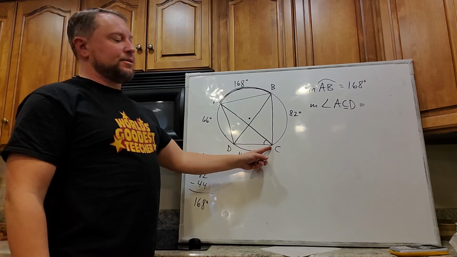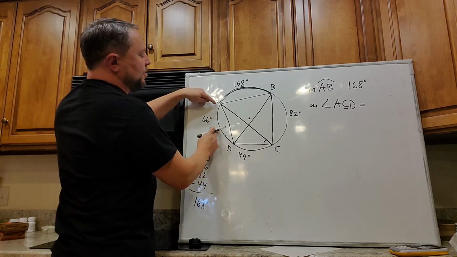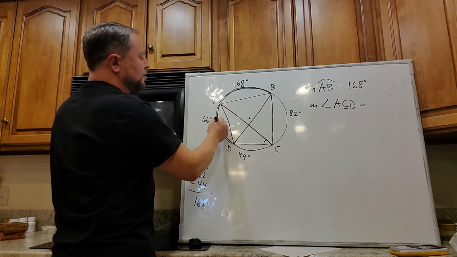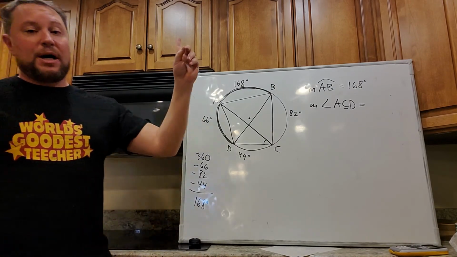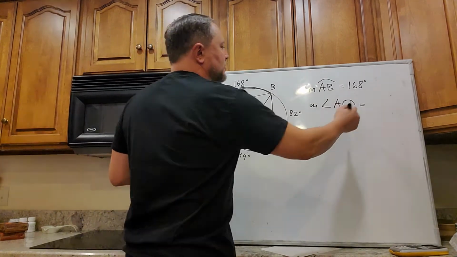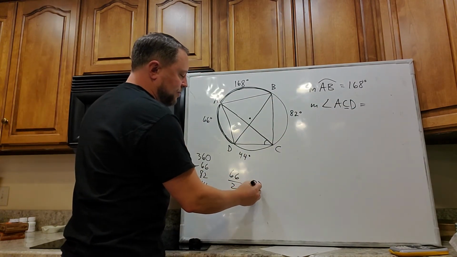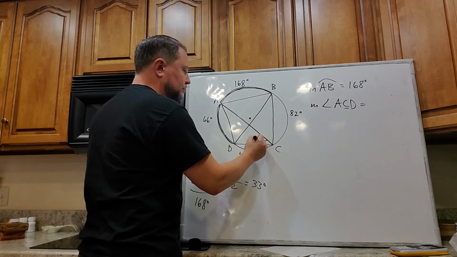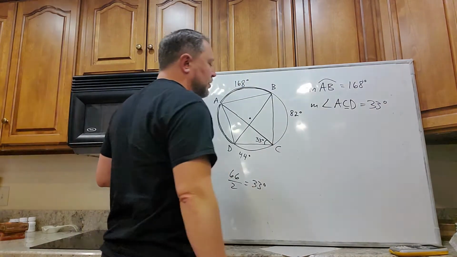It has its vertex on the circle. So if I follow it out, I see it hits this arc that's 66 degrees. So that means the inscribed angle is not 66, but exactly half of it. So if I take 66, cut it in half, do you see that leaves me with 33 degrees for that angle right there.